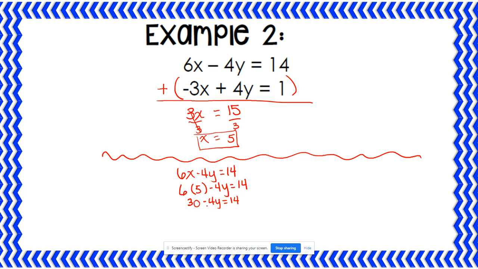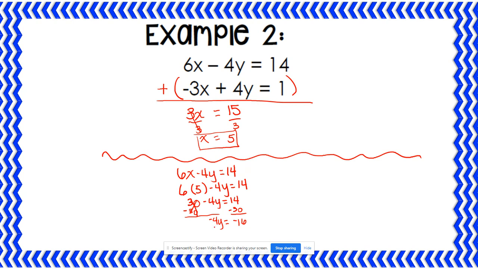Now I need to get y by itself. So I need to get rid of my 30 first, and I'm going to subtract 30 from both sides, because 30 minus 30 will make 0. I'm left with negative 4y equals, and 14 minus 30 gives me negative 16.